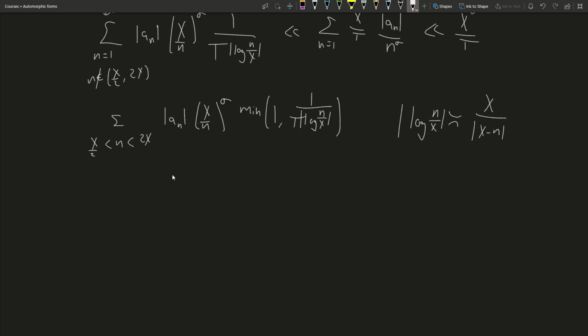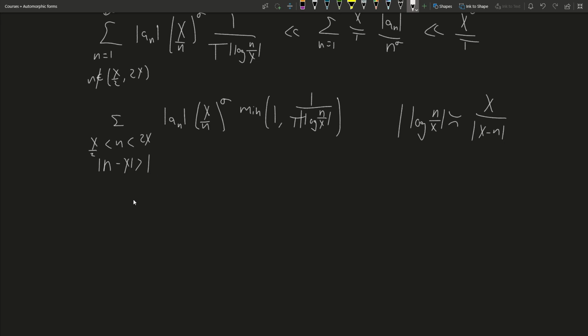So what we can do here is omit the value of n which is nearest to x. So let's just say n minus x should be strictly greater than 1. So don't take the nearest integer.